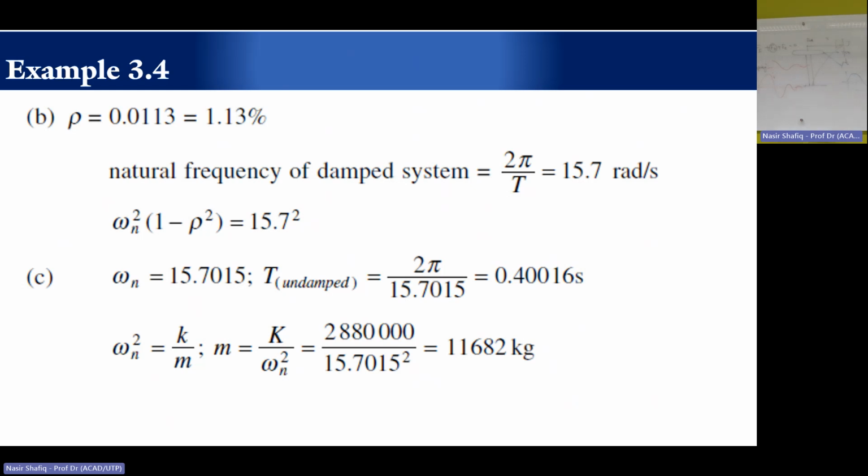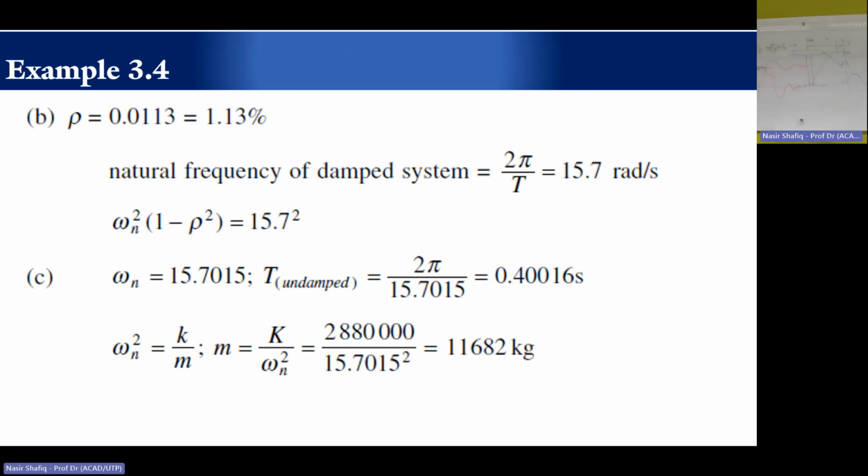For the undamped system, because the damping is modifying this frequency, omega n is equal to 15.7015. The difference is very little, almost the same. Omega n square is equal to k upon m.